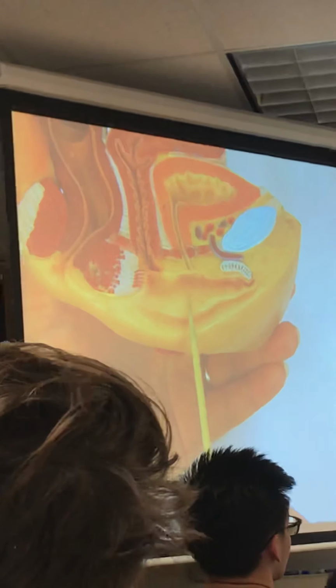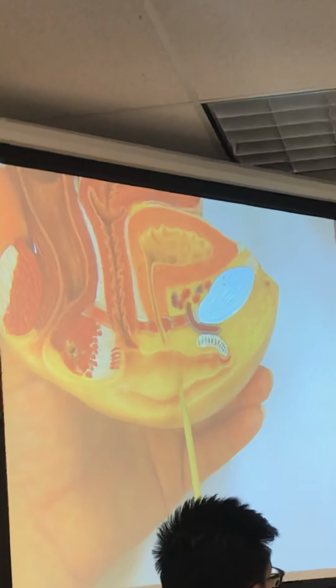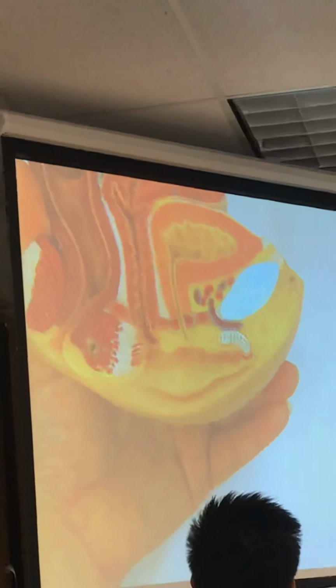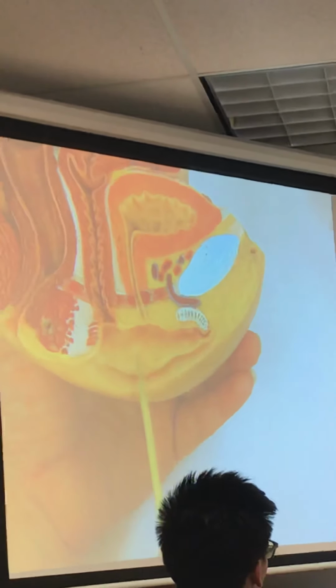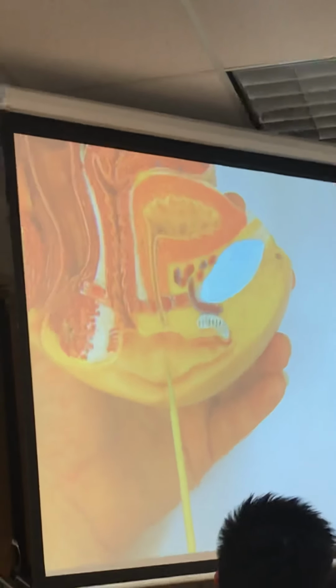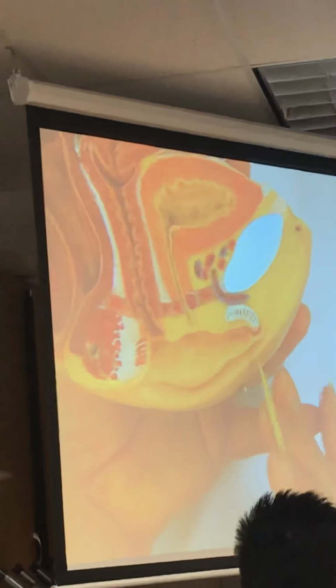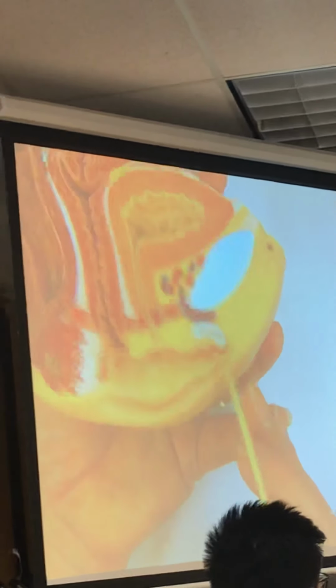Scrotum. Corpus cavernosa. The spongy urethra. So the erectile tissue would be the corpora cavernosa, but the labia minora is homologous to that penile urethra or cavernous urethra or spongy urethra. And of course the labia majora was homologous to the scrotum.